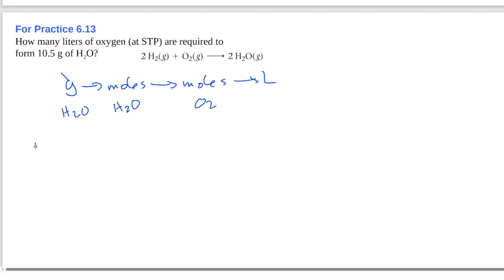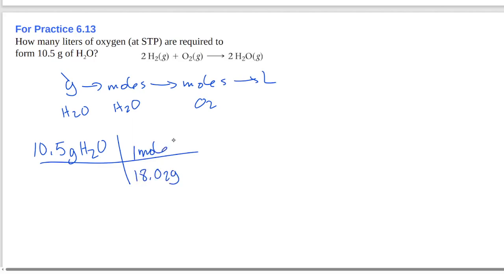So let's get started. 10.5 grams of water, okay? And we know that water is 18.02 grams per mole. And we get that from adding it up from the periodic table. 1 mole of O2 to 2 moles of water from the balanced equation.